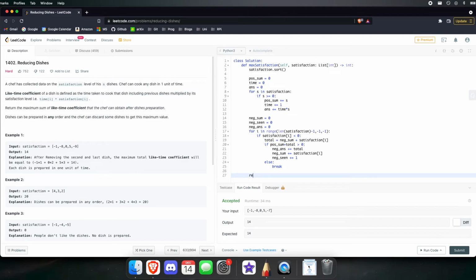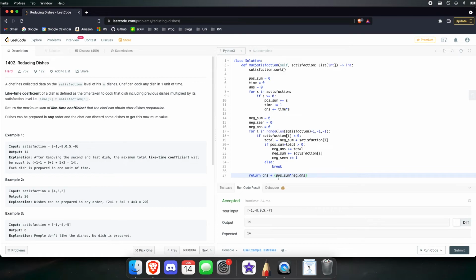Finally, at the end, what we want to return is the answer right here from all the positives, taking into account the time that we're seen at, plus the summation of those positives times the amount of negative numbers we took.